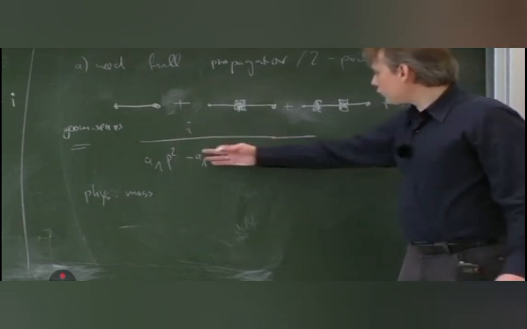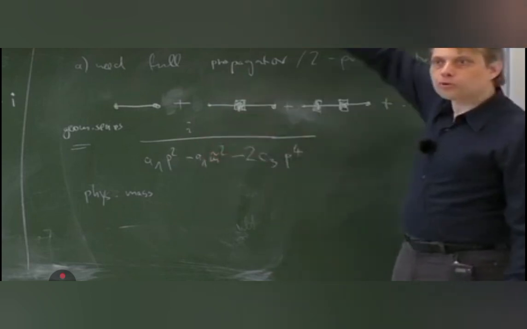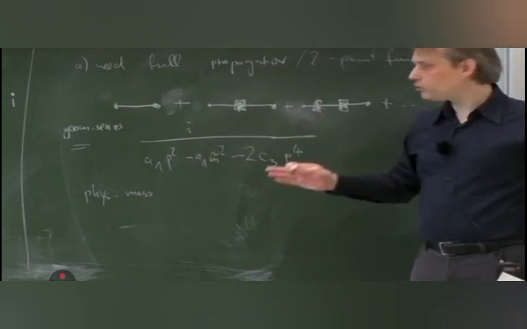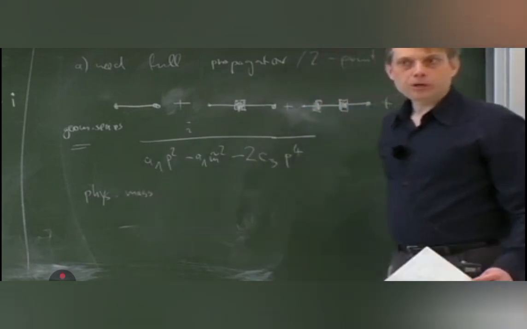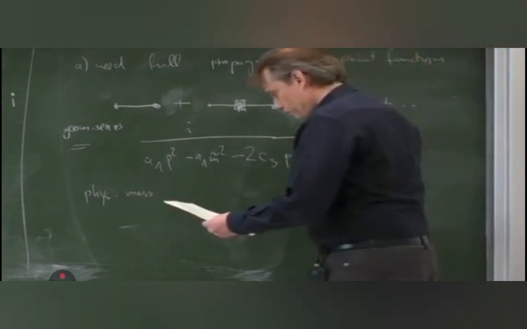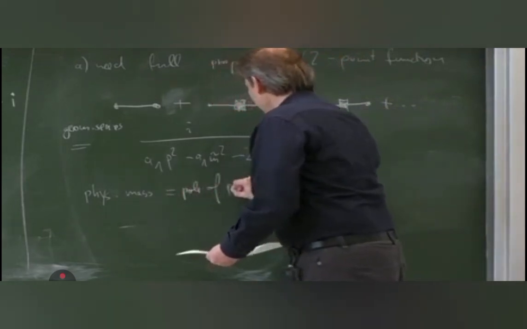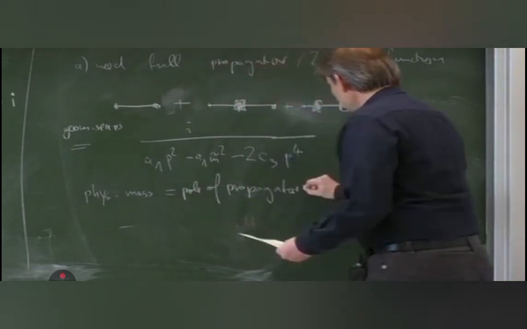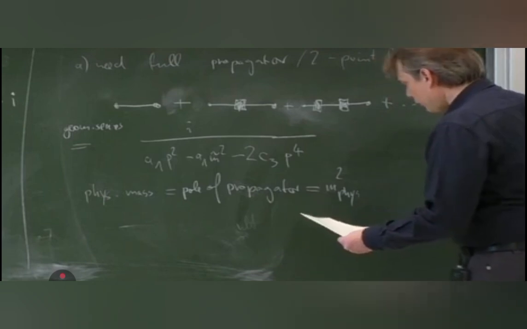So this two-point function has a denominator. The denominator can go to 0. That corresponds to a pole in the variable p squared, and the location of the pole is always equal to the physical mass of the particle described by the theory. So let's give it a name, m physical squared.